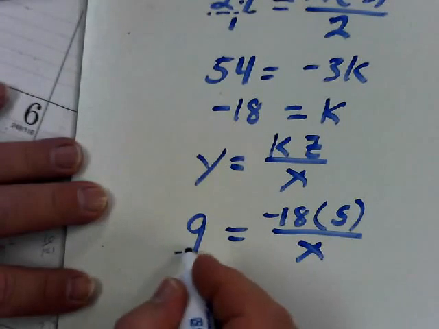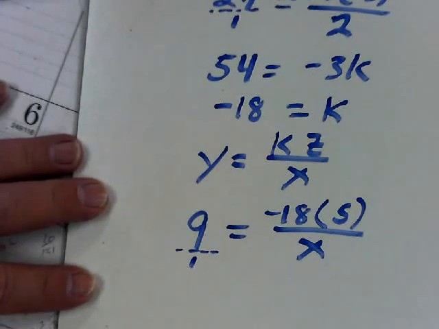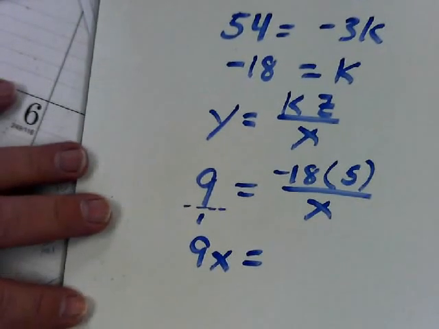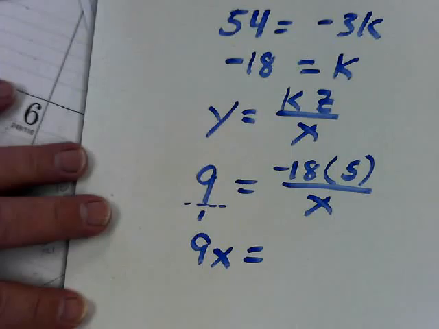Well, making this a fraction, cross multiply, 9 times x is 9x equals, mental math, what's 5 times negative 18? What's 5 times 8? 40, right? Carry the 4.